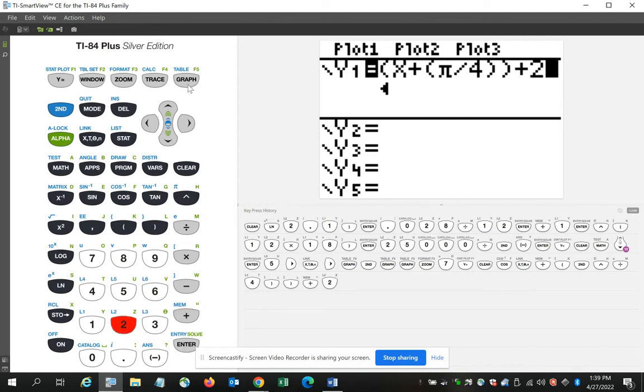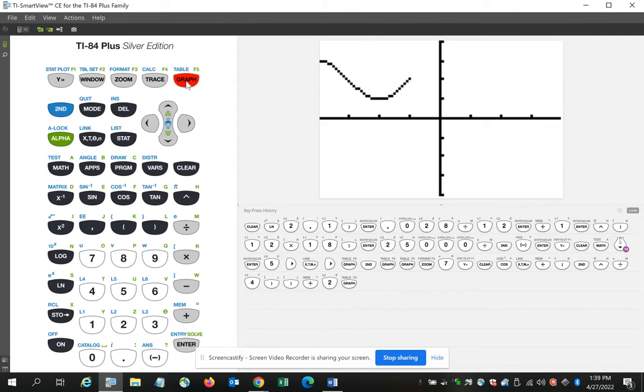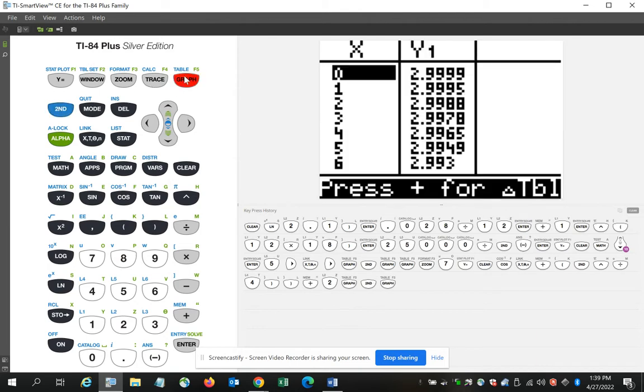Then I'm going to graph. It gives you some points to look for, and that might help you. You can look at the table and see where you should have points.